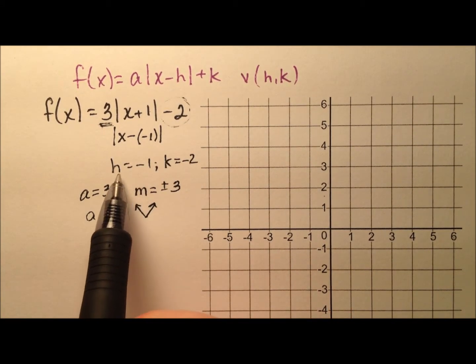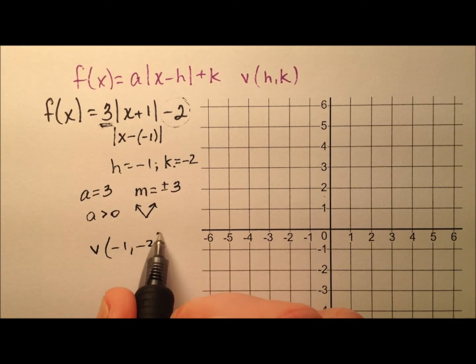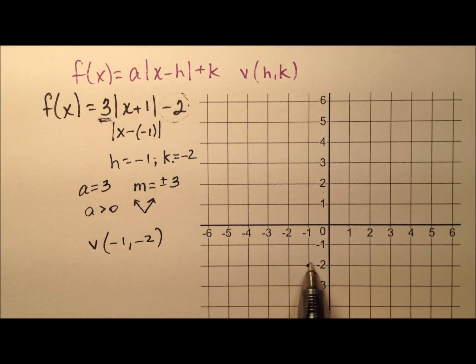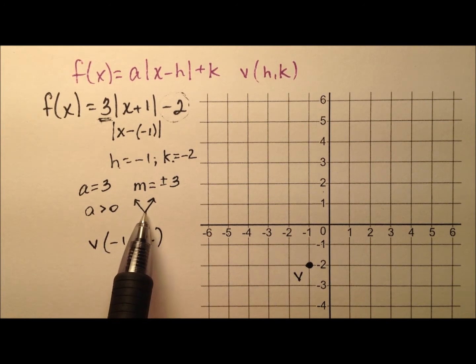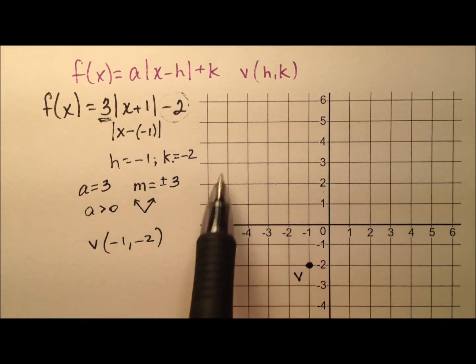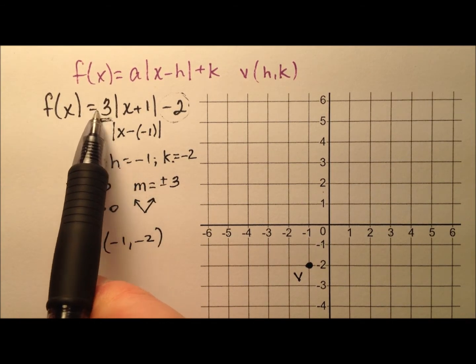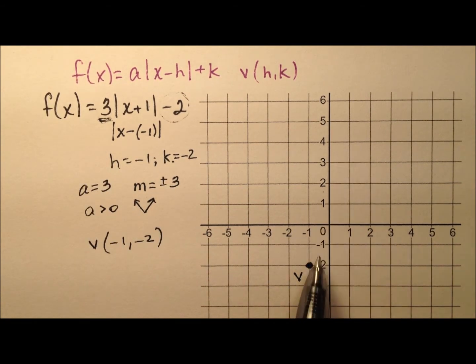So our vertex is (h, k), so our vertex will be negative 1, negative 2. So let's go ahead and graph that, negative 1, negative 2, right here. We can put a little v for our vertex. We know this is going to open upward, so we're going to go up this way, and our slopes are plus and minus 3, because we had this horizontal compression by a factor of 3, which is going to squeeze this V and make it a little tighter.